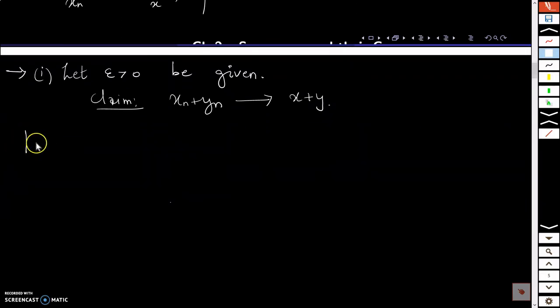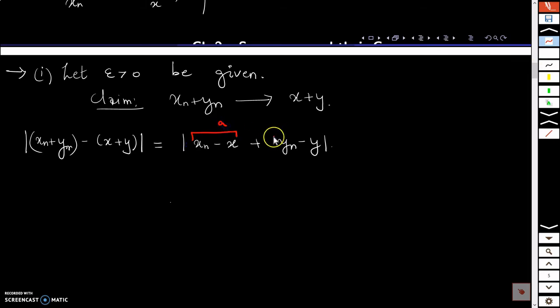You consider this term xn plus yn minus x plus y. If you reshuffle the terms, then you can write this as xn minus x plus yn minus y, right? And if you take this as a and this part as b, it is of the form mod a plus b.